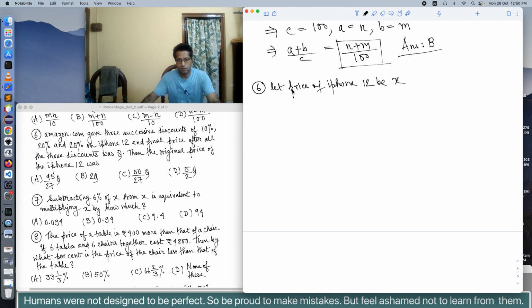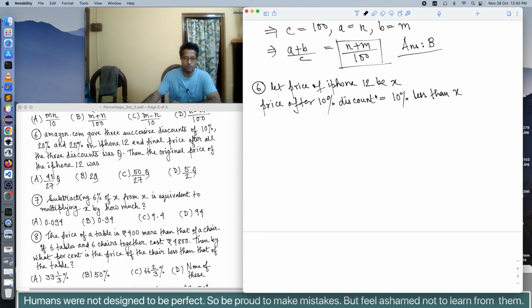So we can say that the price after 10% discount is equal to 10% less than X, as X we have assumed to be the original price of the iPhone.